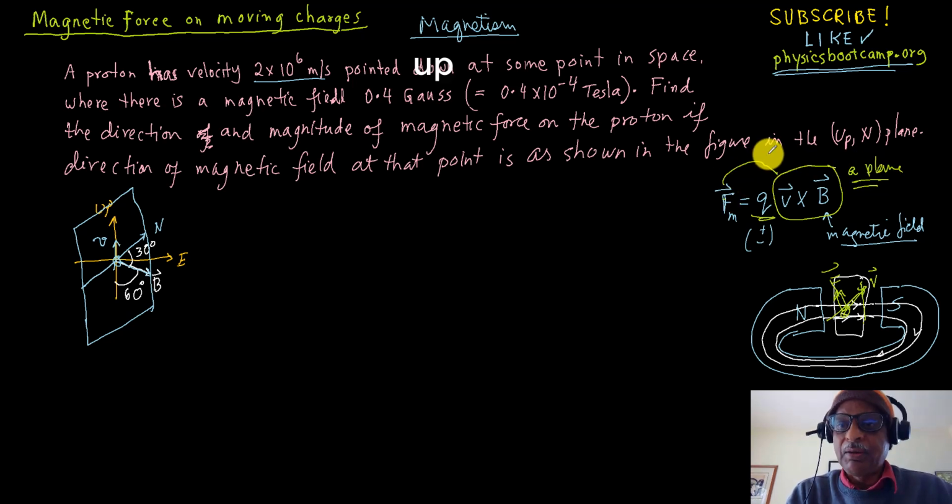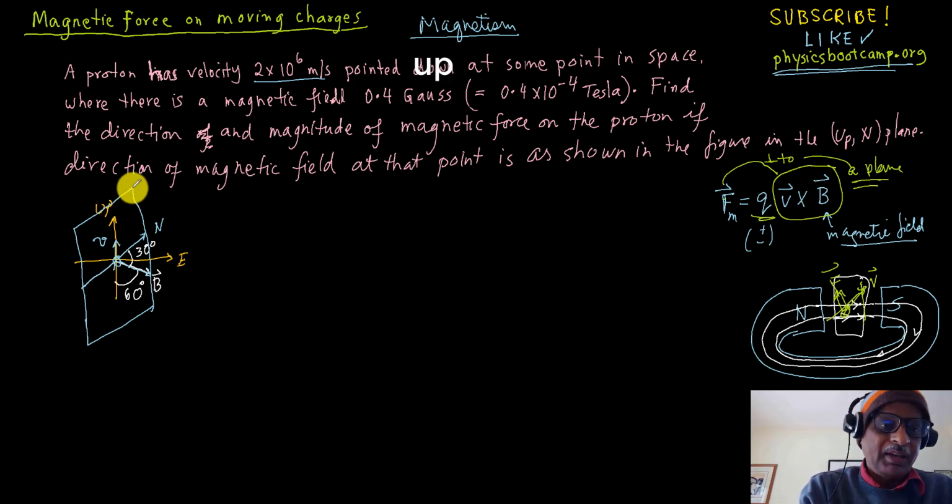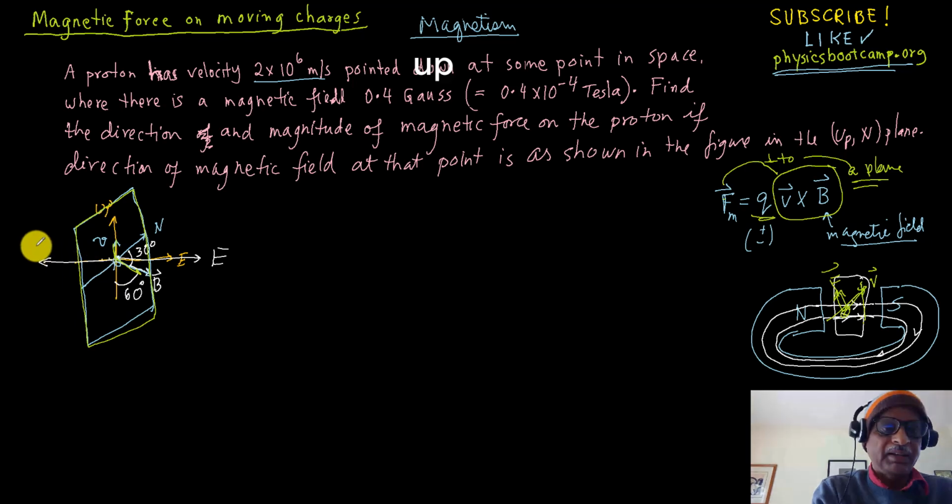If I have a plane where V is there and B is in this plane, then the force will be either perpendicular to this, so either it's going to come out in the east direction, or it's going to be the west direction.